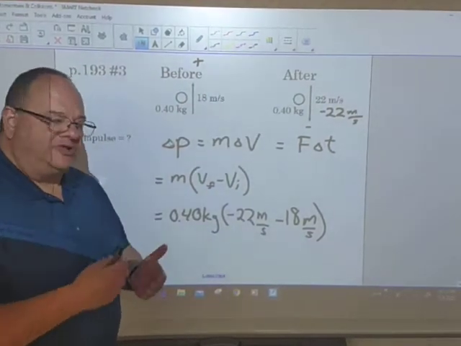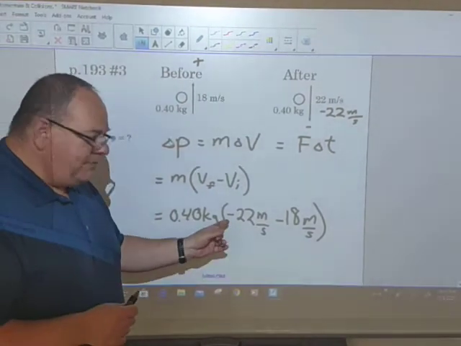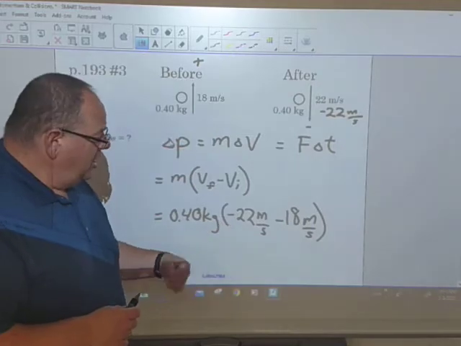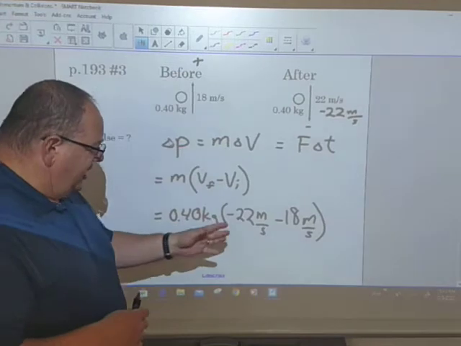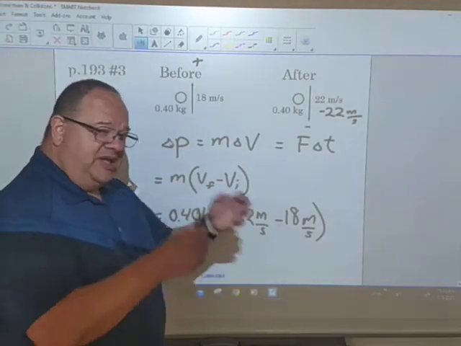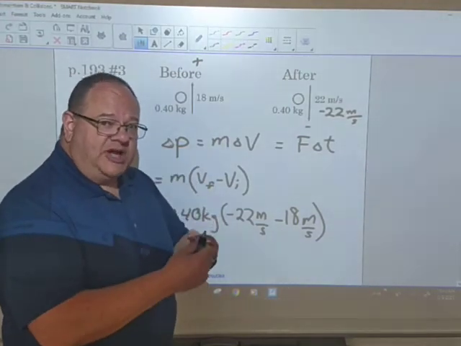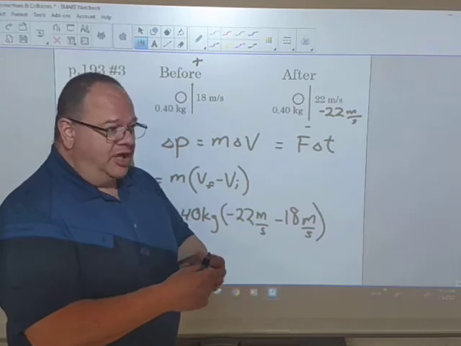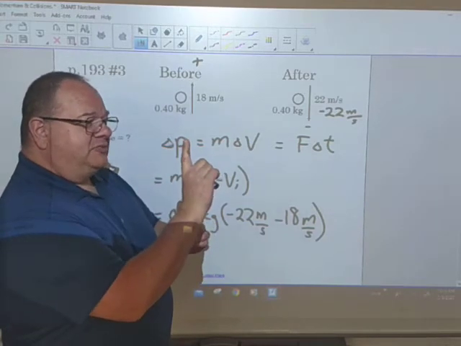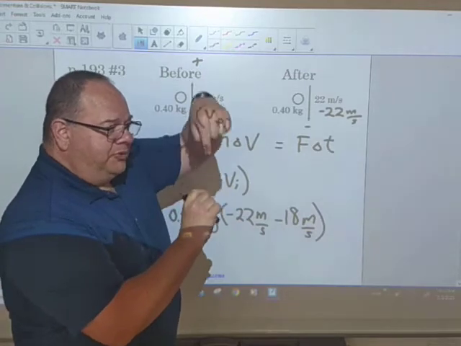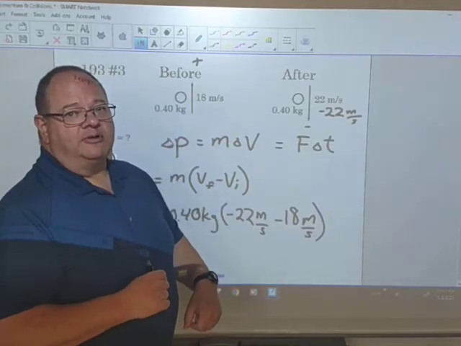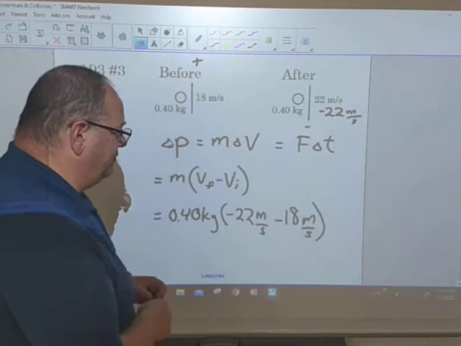This is where the students make mistakes, by not putting that negative on there. The change in velocity is actually going to be a 40 meter per second change. It was going 18 meters per second this way, and you have to take away all that 18 plus add another 22 in the other direction. That's a 40 meter per second change.